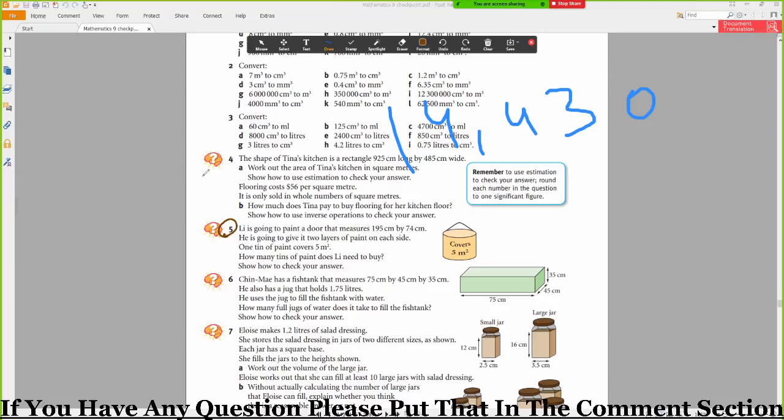Doors के कितने sides होते हैं? 2. Okay, so this is the area of one layer of paint.